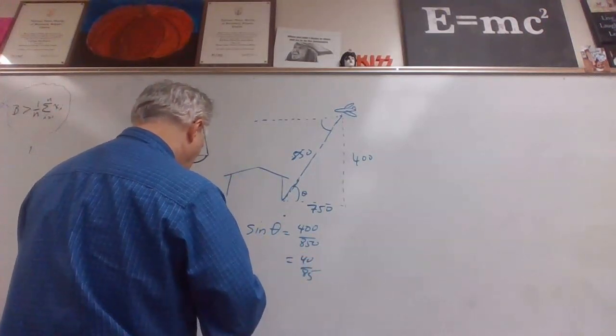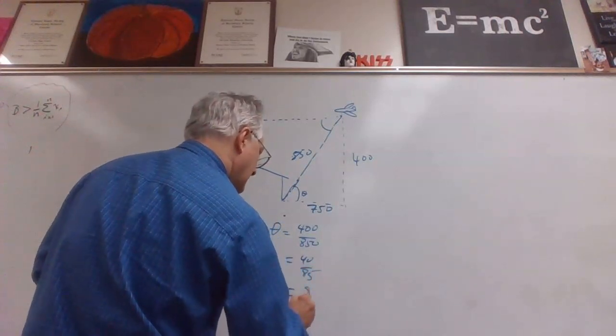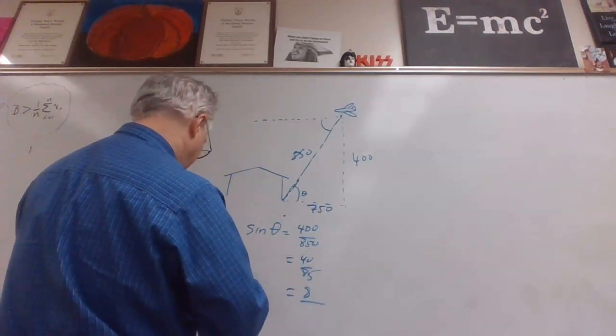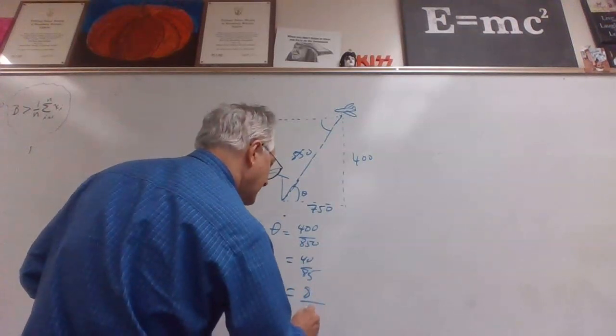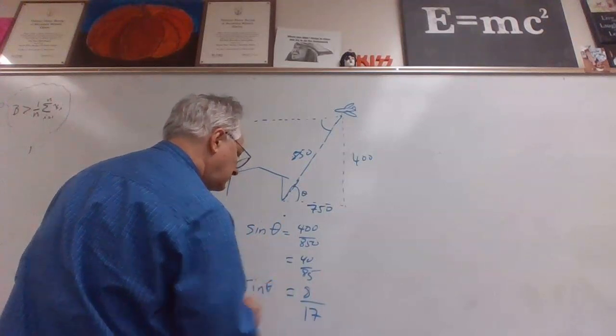So we got 8, and 85 is going to be what, 17? Yep, 8 over 17. So that's the sine of our angle.